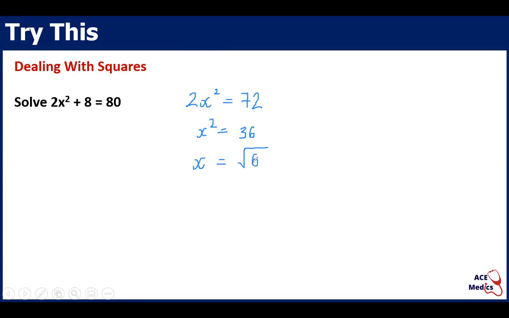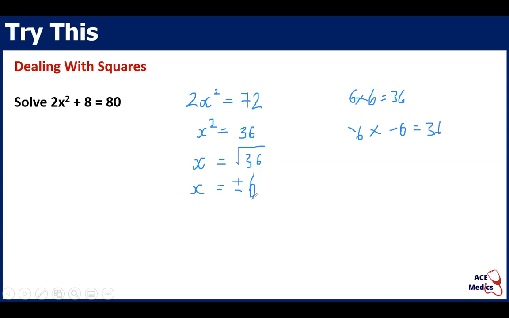Now, the important thing to remember here is that, why did I write square root 6? Square root of 36. The important thing to remember is that our answer can be positive or negative 6, because 6 times 6 is 36, but so is minus 6 times minus 6. Remember, two negatives cancel out to be a positive.